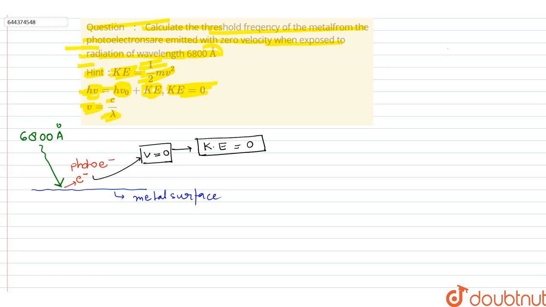So first of all you have to understand what is threshold frequency. Threshold frequency is represented by nu naught. What is nu naught?